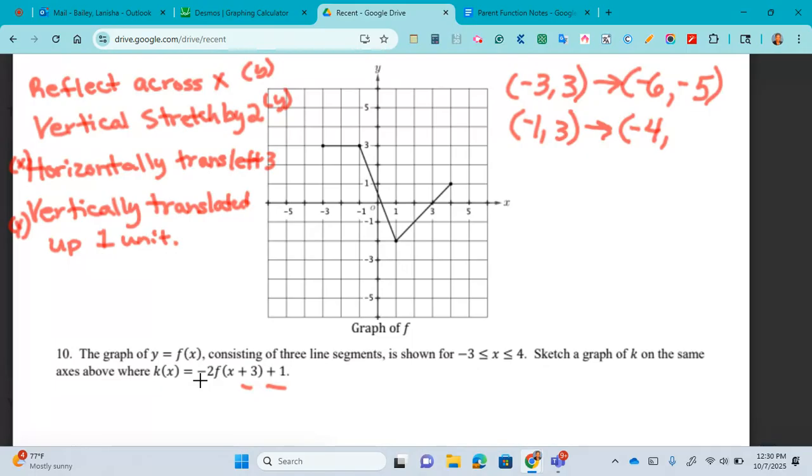All right. My y, it reflected, so my y turns to a negative, so that's -3. It was stretched by a factor of 2, so -3 times 2, which is -6. Excellent. And then it was vertically translated up 1 unit, -5.